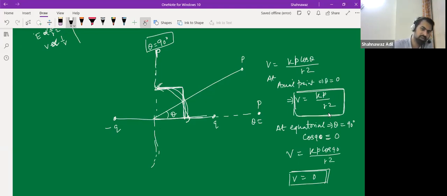So you guys please note down this part. This you have already done in your CBSE classes, but I just wanted to repeat it for you. Quickly note it down.